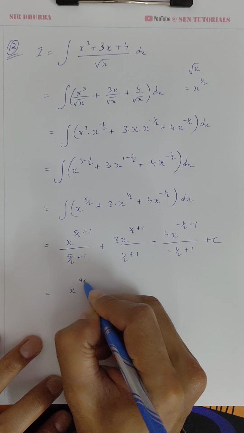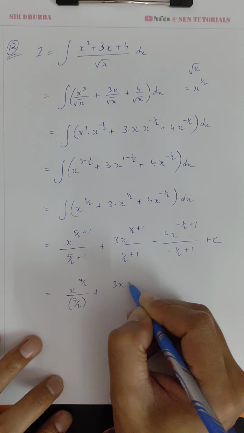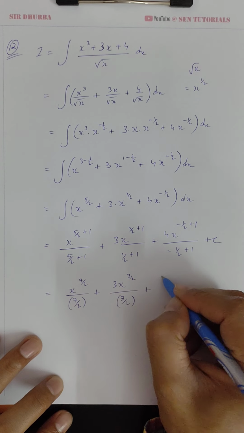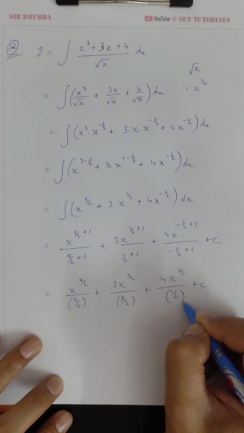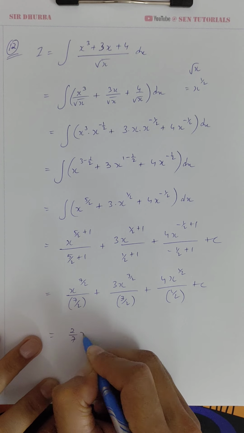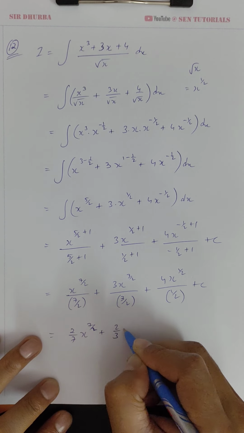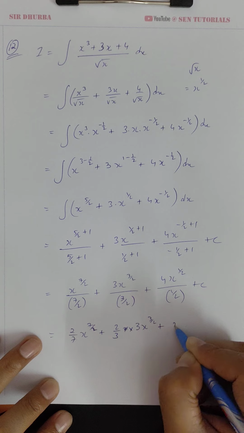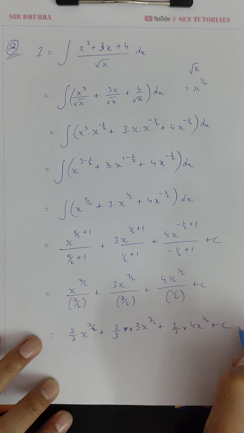So that's going to be x power 7 by 2 divided by 7 by 2, plus 3 x power 3 by 2 divided by 3 by 2, plus 4 x power 1 by 2 divided by 1 by 2, plus c. Arranging it, 2 by 7 x power 7 by 2 plus 2 by 3 into 3x power 3 by 2 plus 2 by 1 into 4x power 1 by 2 plus c.